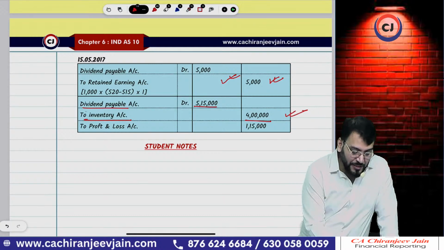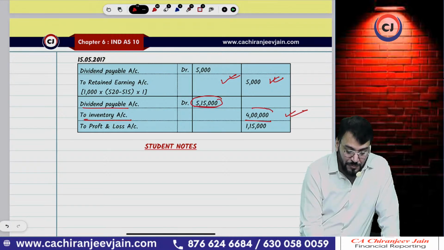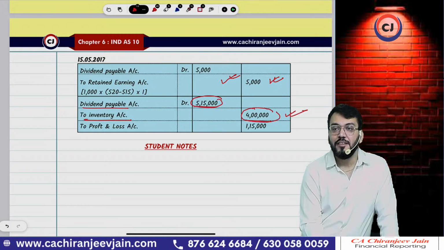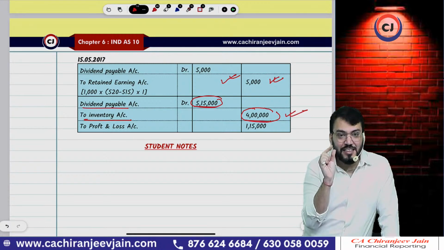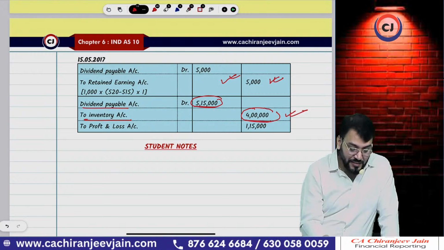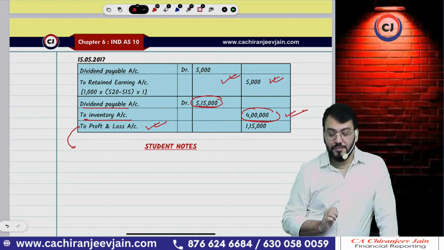Now just try to understand. Dividend payable was 5,15,000 and the cost price was 4 lakh. So it is an increase in asset, and any increase in asset will be transferred to PL account.